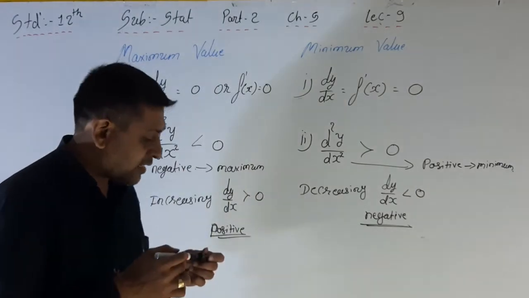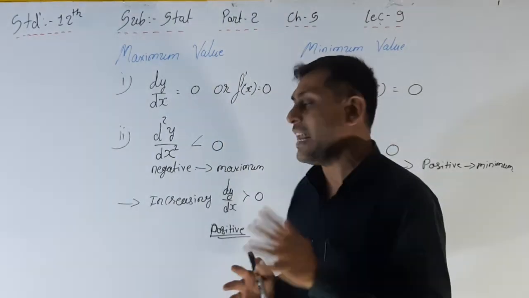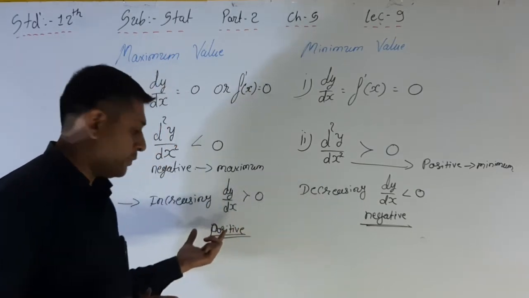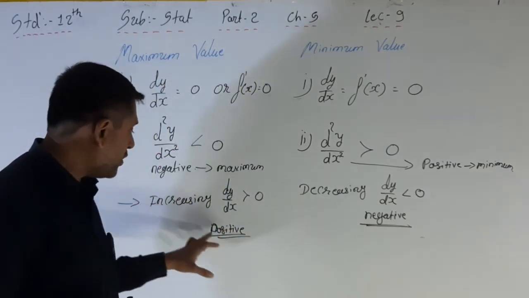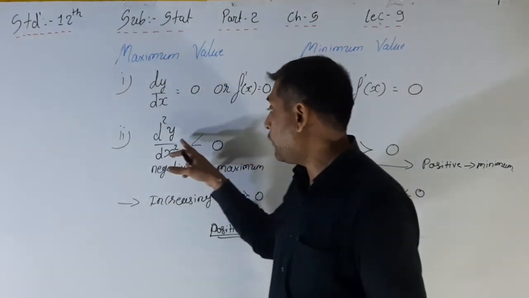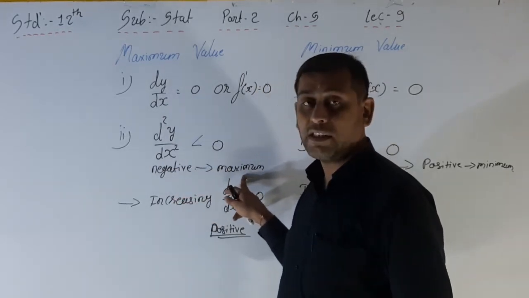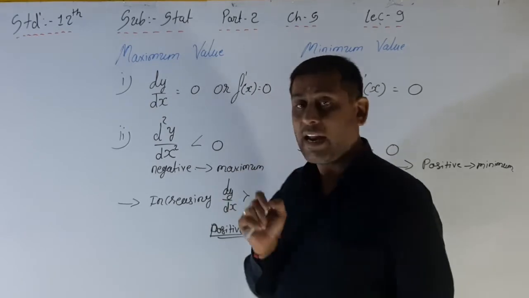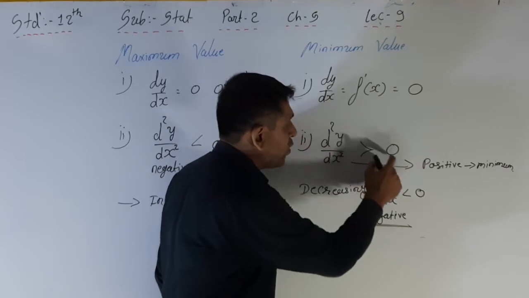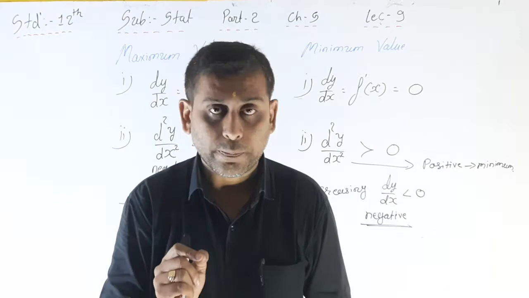So we can say that the directly opposite rule will apply here compared with increasing decreasing. Direct rule, that is positive increasing, negative decreasing. Here if the second derivative is negative, then at that point the function gets its maximum value, right? And if the second derivative is positive, at that point the function is minimum.